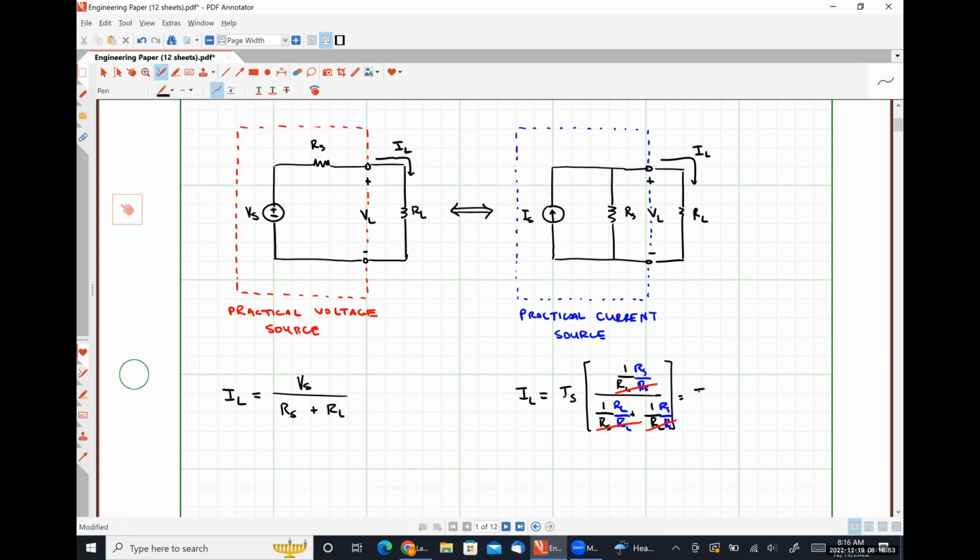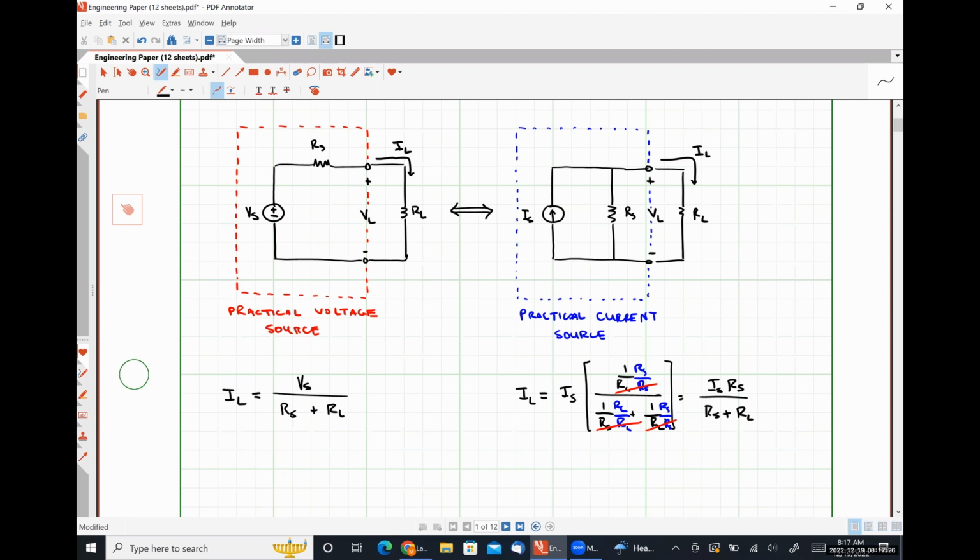And we will be left with IS times RS over RS plus RL. Anybody have any problems with the amount of algebra that went on there? Hopefully fairly straightforward. All right, so here's the $1 million question.